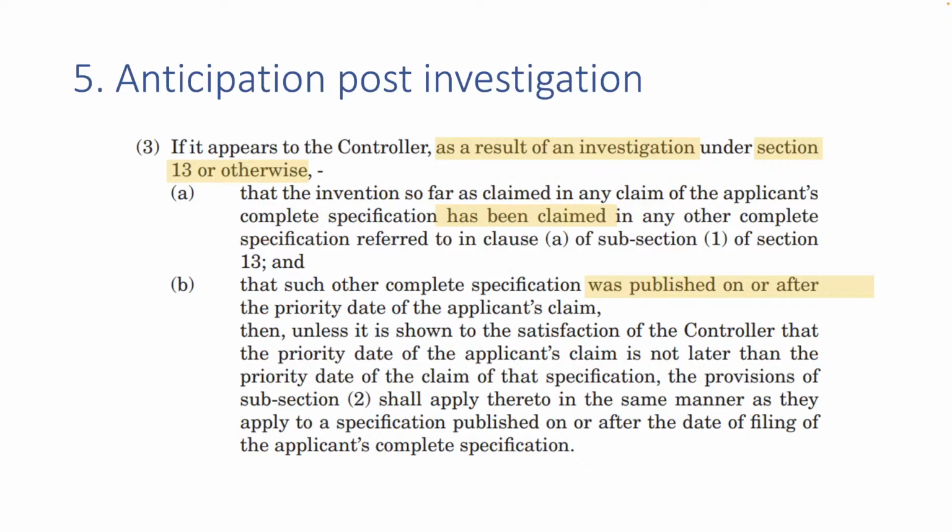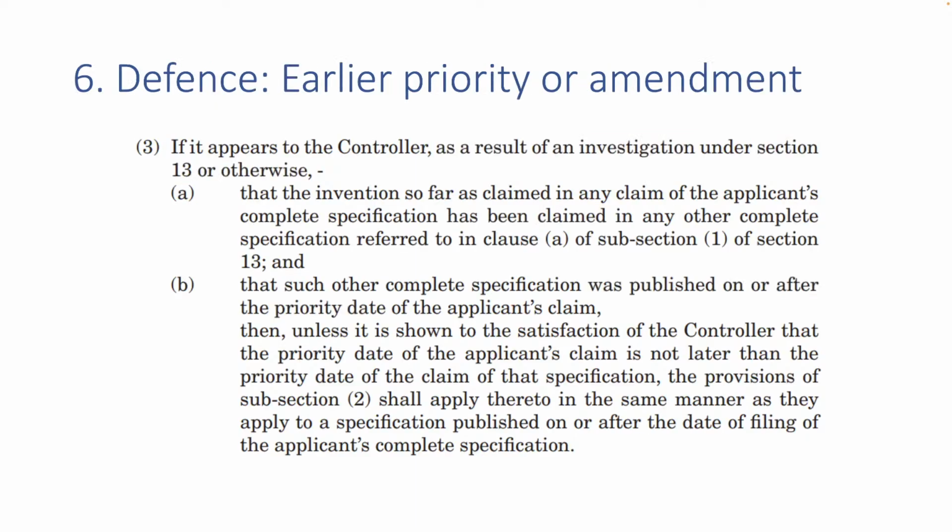Now, again, in these two cases, you will see that after the priority date, the defenses are, to the satisfaction of the controller, you can demonstrate that you had earlier priority, and the applicant's claim is not later than the priority of the other document, or you can show that the provisions of subsection 2 will apply, which is what we saw, that in the same manner you can argue or amend.